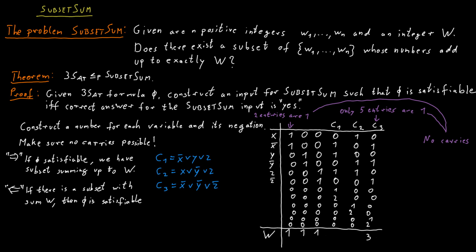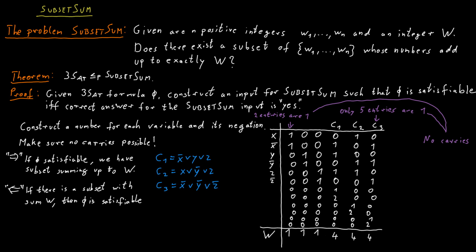And then I change my target to 4 instead of 3. It's easy to verify that the general idea of the construction still works, so you can only get to 4 if you pick at least one literal that corresponds to the clause, because the dummy numbers would only get you to 3 if you sum them up.